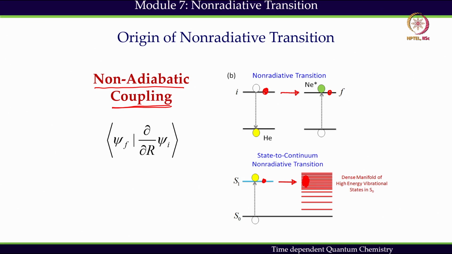But in a very naive way, non-adiabatic coupling is nothing but the initial state and final states getting coupled with the help of nuclear coordinate. Without looking at the rigorous treatment of non-adiabatic coupling, which we will go over later, one thing we will just note here is that these two states are getting coupled, that is why they are transferring energy.